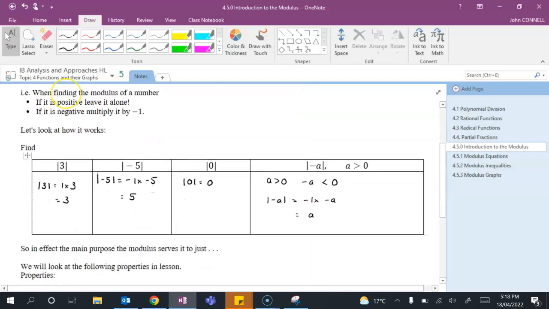Okay, so in effect the main purpose of the modulus is just to make negative numbers positive.